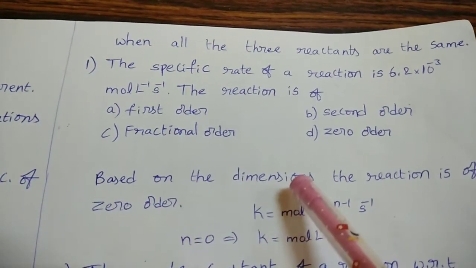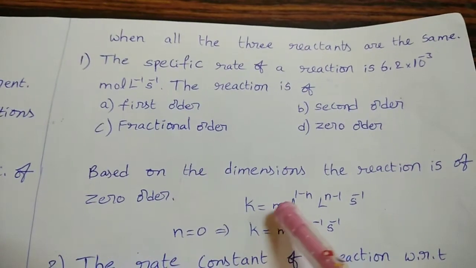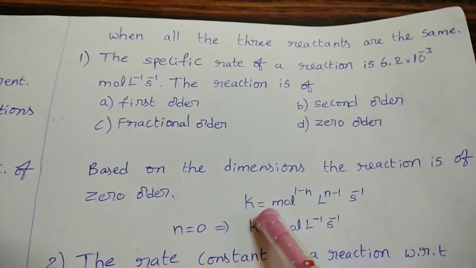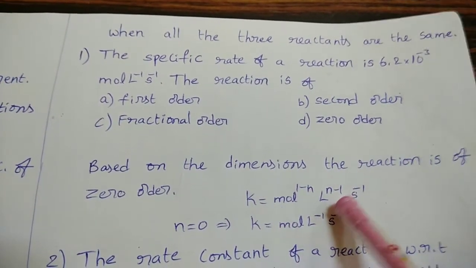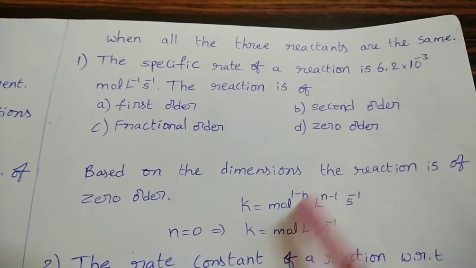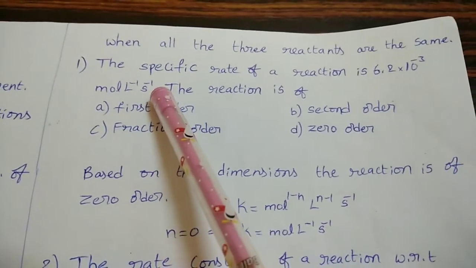The reaction is of zero order, because the general units for rate constant are mole power 1 minus n liter power n minus 1 second inverse. For zero order, n equal to 0; substitute in that, and we get this one. So here also the same type of units, so it belongs to zero order.